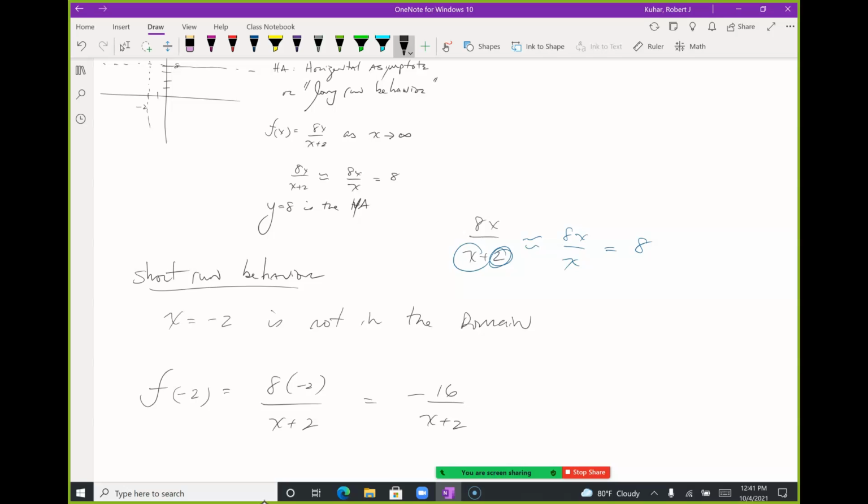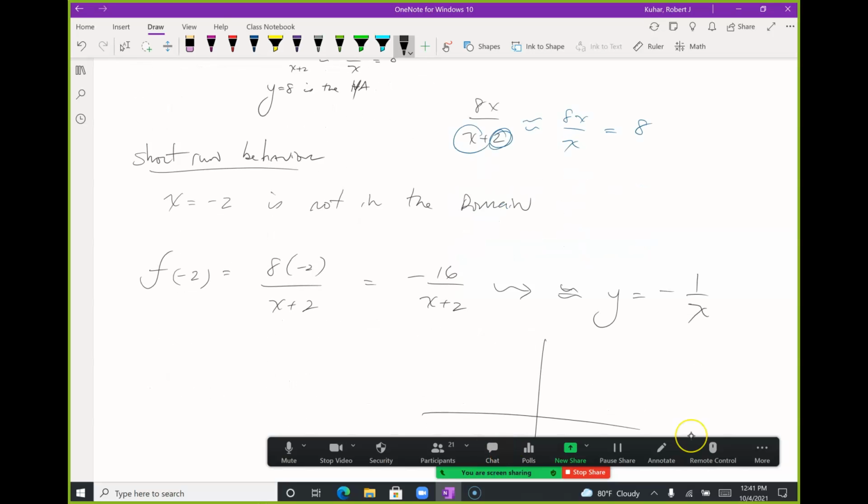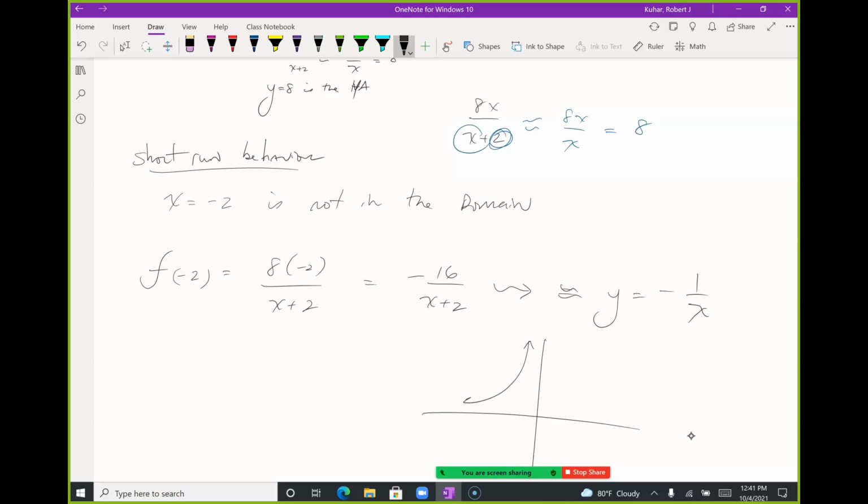And then I'm thinking of the mother function there, it's like a negative 1 over x, right? Yes, it's a negative 16 over x, but who cares about the 16? It's just going to stretch it out. So I want to think of that mother function, right? Like here, there's the negative 1 over x. But that's going to be present at the vertical asymptote.